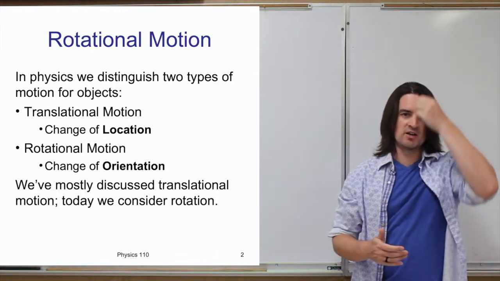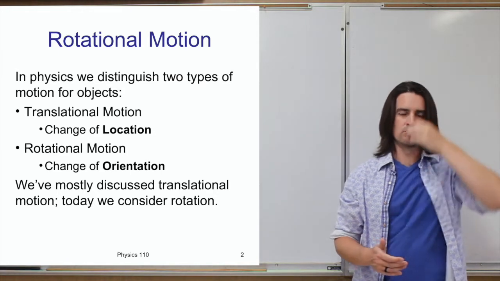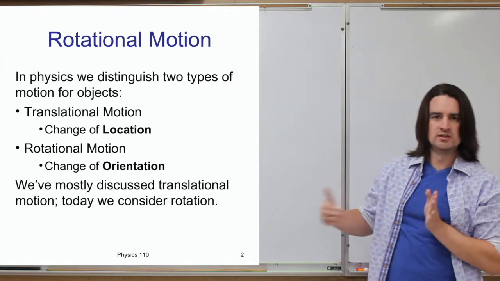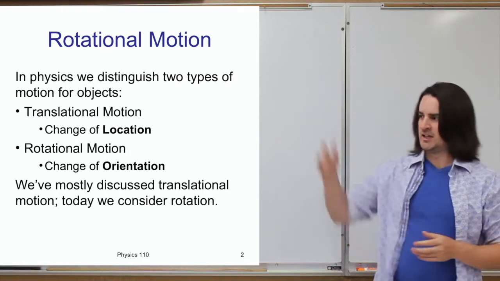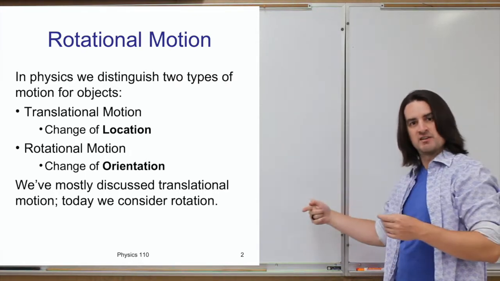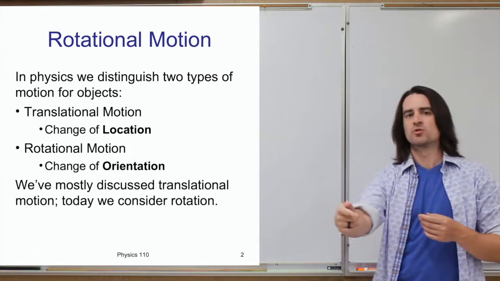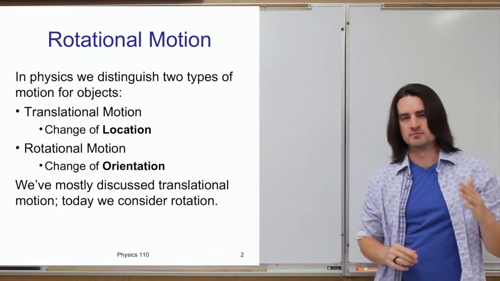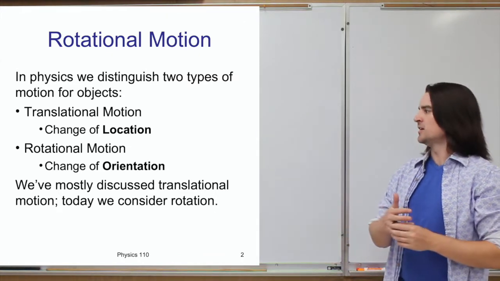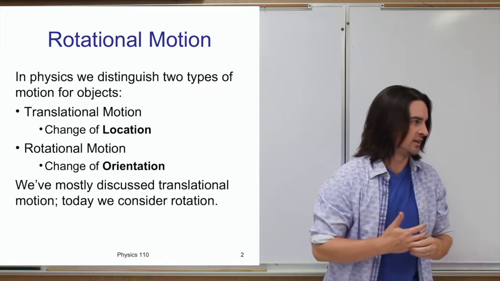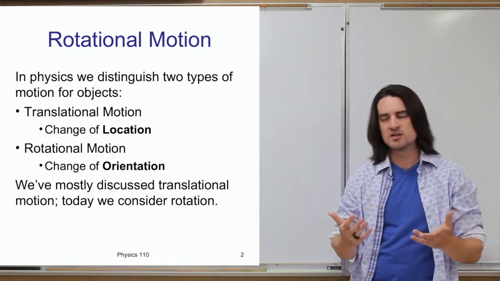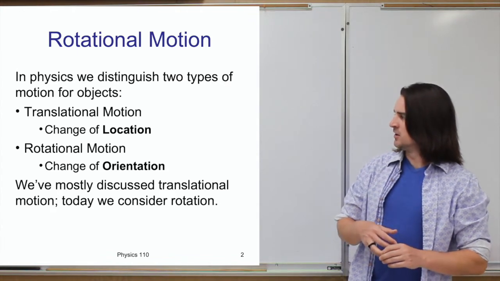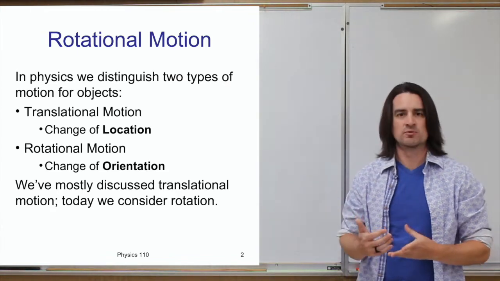Me rotating around a line that goes through me looks one way, but me rotating about a line over here would look totally different. And me rotating around a line running horizontally will look completely different. I would be doing a sort of dolphin jump over it. So rotational motion is inherently complicated, and we're going to spend some time today talking about it and some interesting consequences of what happens when you start rotating things.